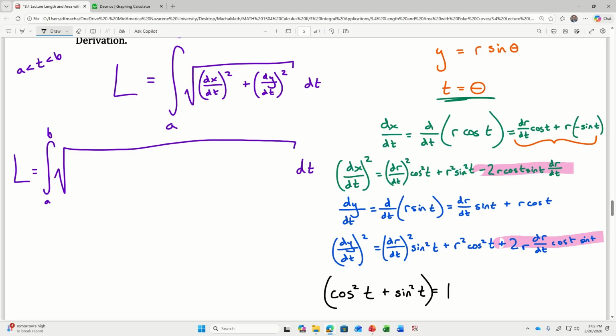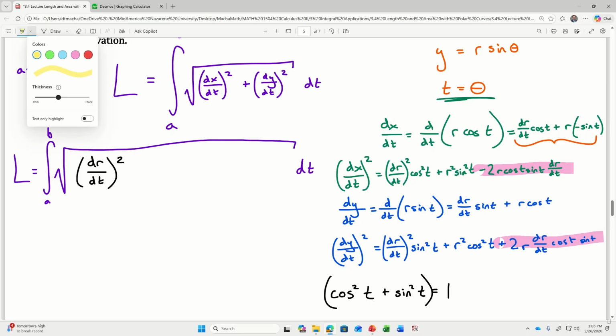So here I've got cosine squared times dr dt squared plus sine squared times dr dt squared. In other words, I could add these two terms together, I could factor out dr dt squared, and then I'm left with cosine squared plus sine squared, that's just a 1. So I get dr dt squared. And that comes from this term and that term.